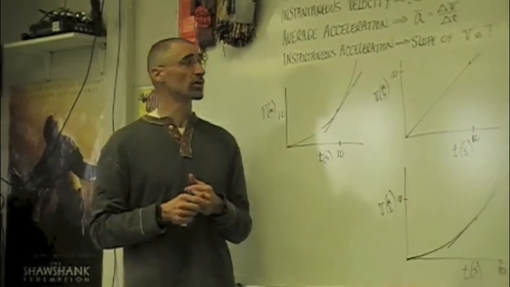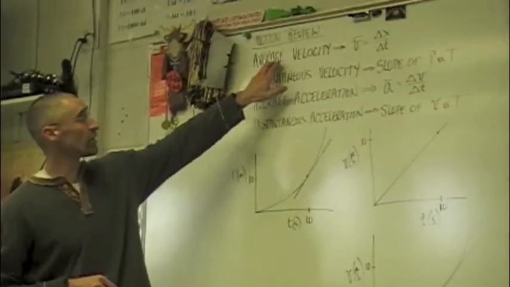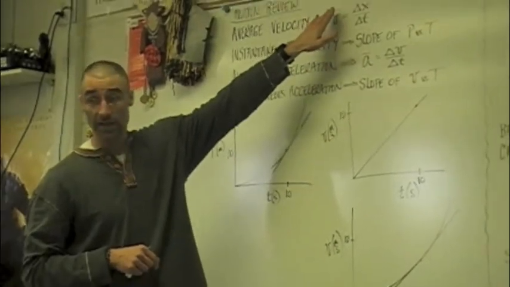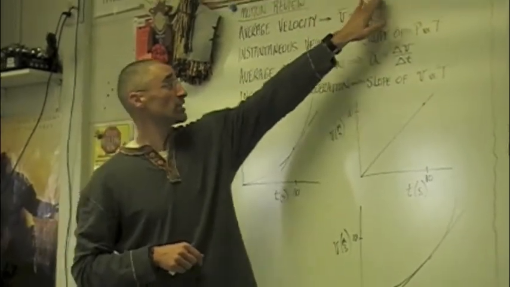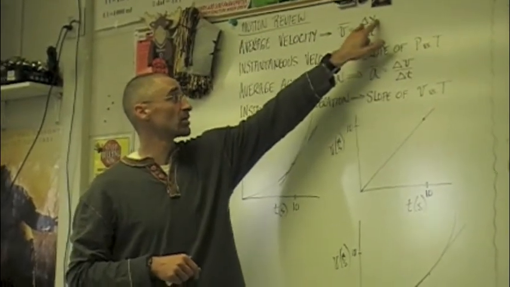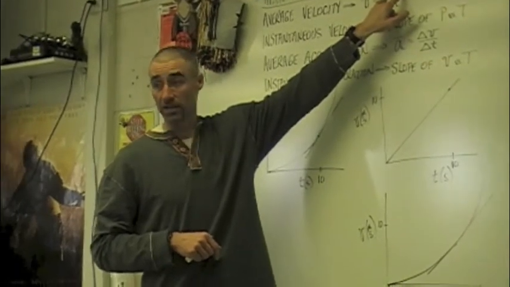So what we've learned, in summary, is that the equation for average velocity, V bar, means average velocity, is displacement over time. Now displacement is, for the sake of what we've been working on, your change in x position.